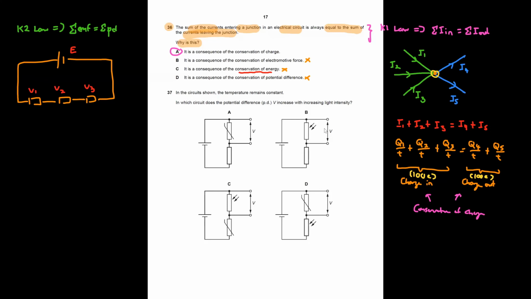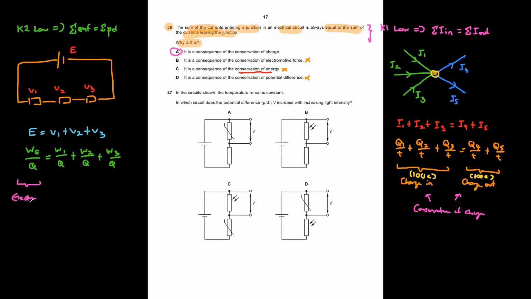According to Kirchhoff's second law, E equals V1 plus V2 plus V3. If I look at this in terms of energy per unit charge, which is the definition of voltage, you get W_E over Q equals W1 over Q plus W2 over Q plus W3 over Q.